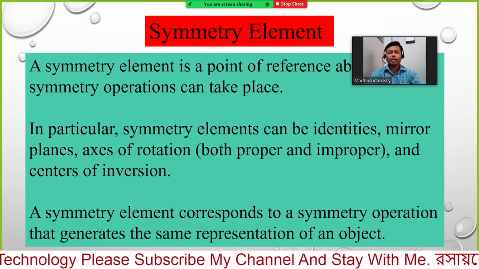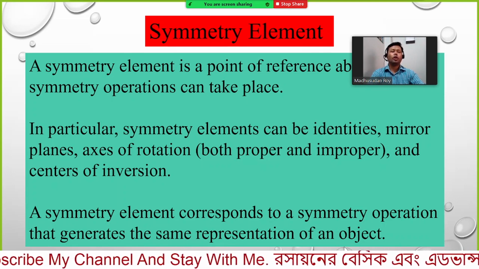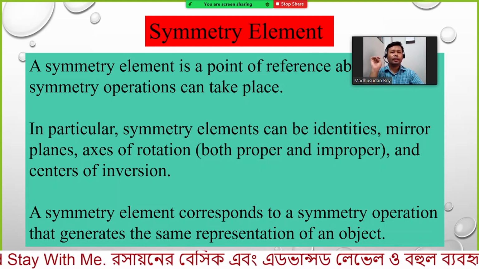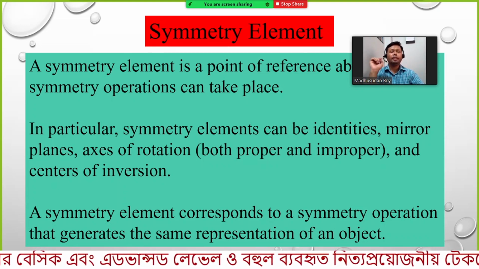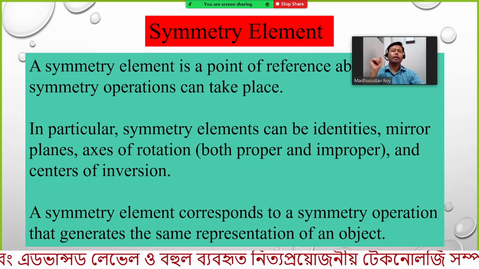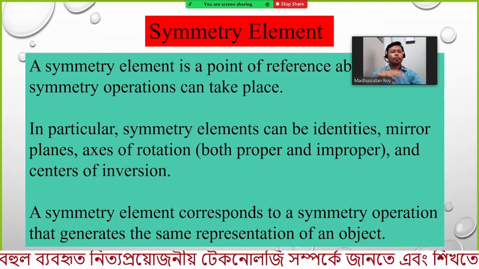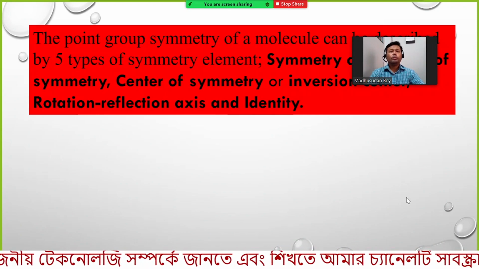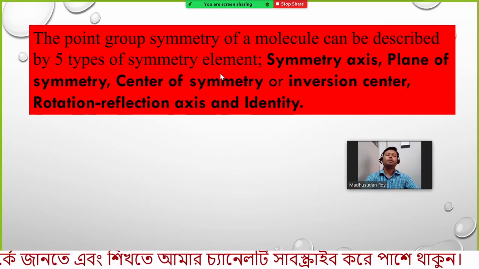A symmetry element corresponds to a symmetry operation that generates the same representation of an object. So if you do any operation based on a symmetry element, the molecule in the previous state and after the operation will be exactly identical. The point group symmetry of a molecule can be described by 5 types of symmetry elements.